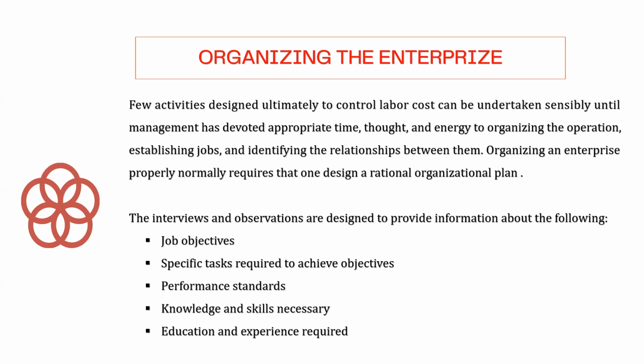In addition, it should include some reasonable estimate of the number of meals to be prepared and served. Once the owner or manager has developed this basic idea of the nature and scope of the operation, he or she can begin to think in terms of specific jobs that must be performed.